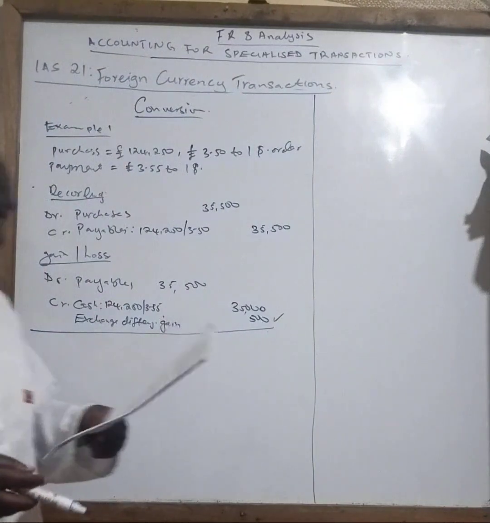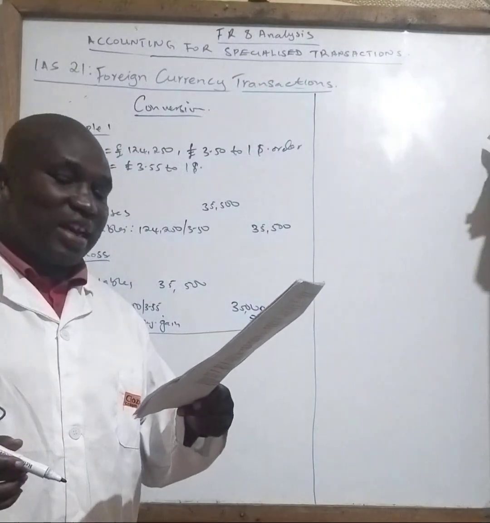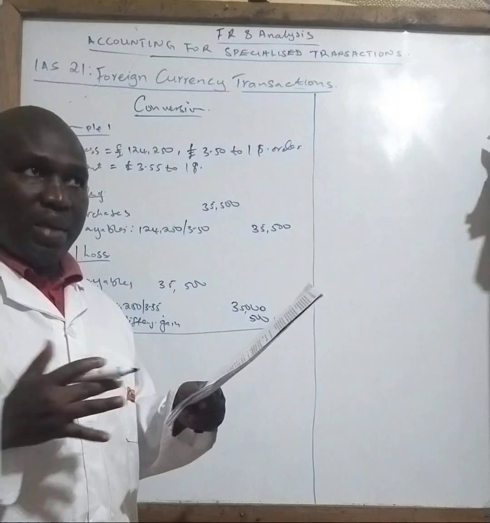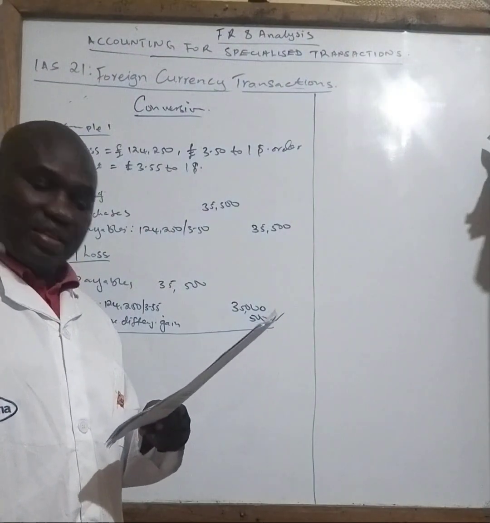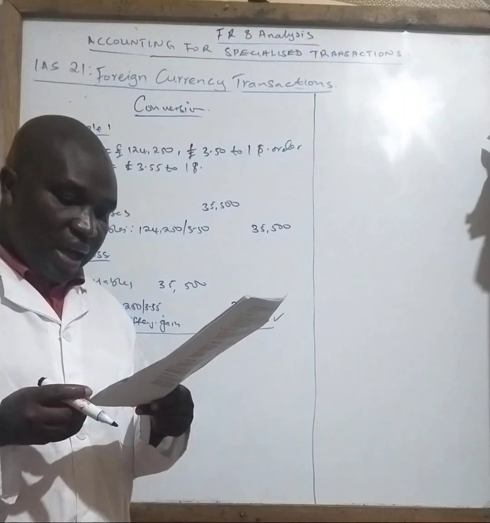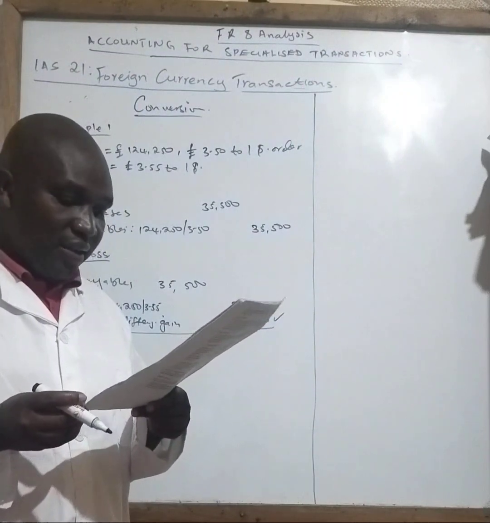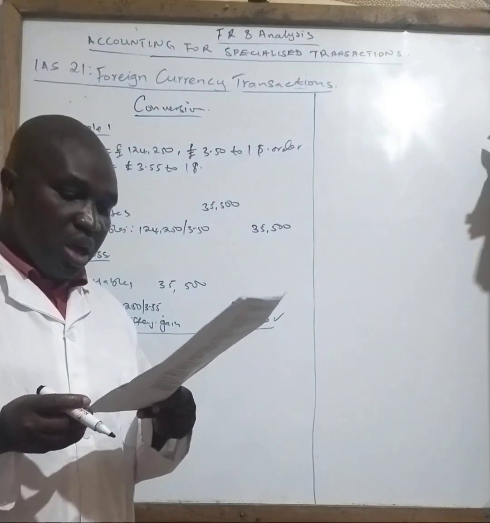The second example, suppose that another home company sells goods to a Chinese company. This is now sales, not purchases. So which means you are making sales, you have two accounts, that is trade receivables and sales. And it is agreed that payment should be made in Chinese yuan at a price of 116,000 yuan.